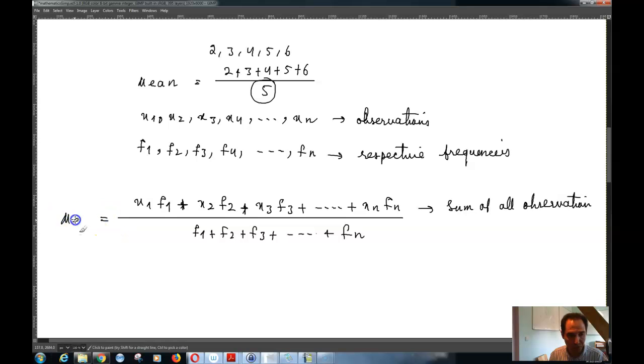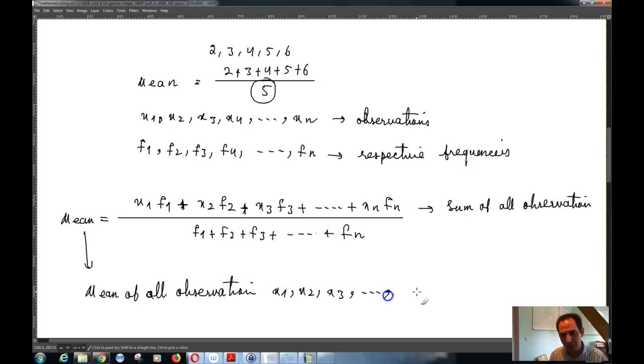So that would be the mean of all observations x1, x2, x3 all the way up to x of n, having frequencies f of 1, f of 2, f of 3 all the way up to f of n.